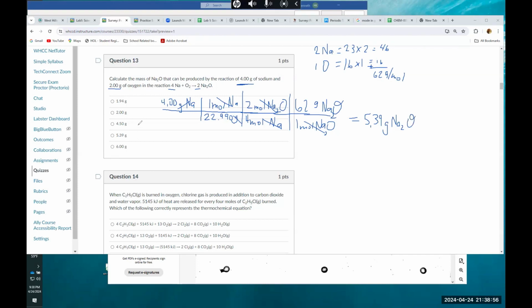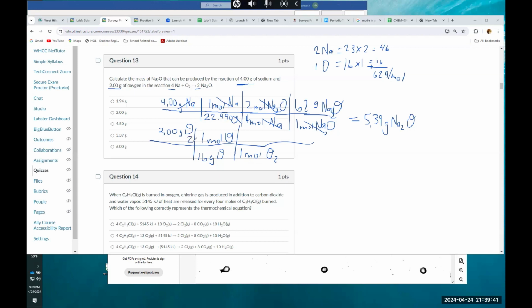And then for oxygen, the ratio of oxygen to our sodium oxide. Oh, I almost screwed up.